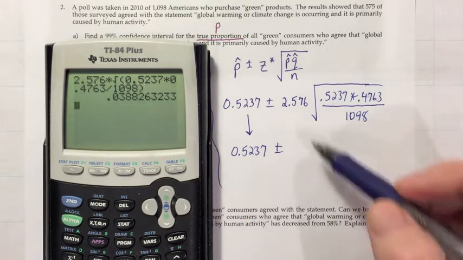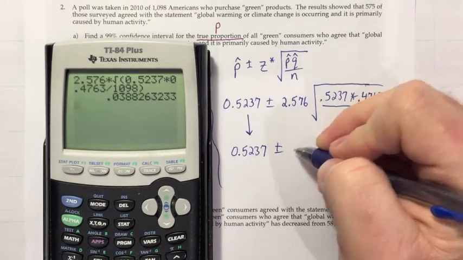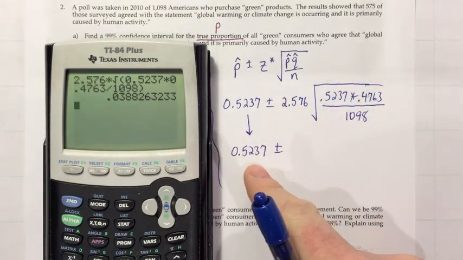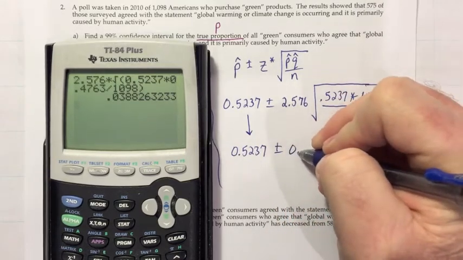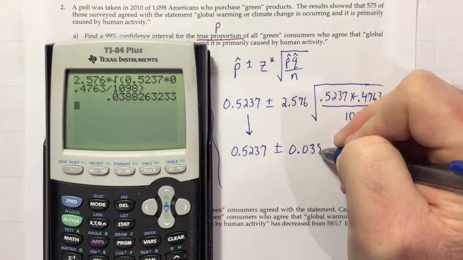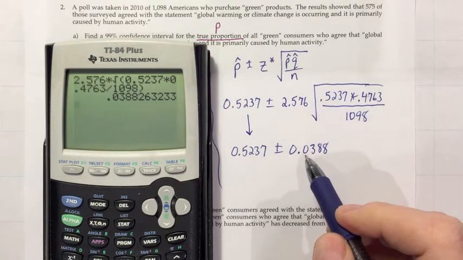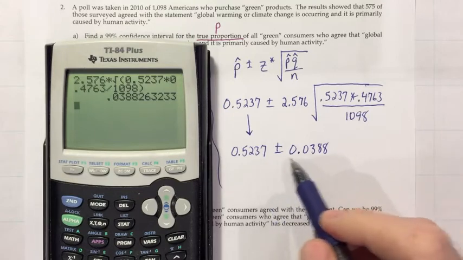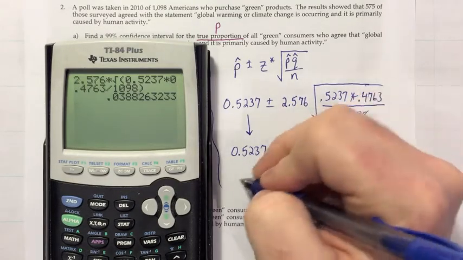And that is not our answer to the whole thing, but just the margin of error piece. We're supposed to match decimals with this and our point estimate, in this case p hat. So there's 1, 2, 3, 4 decimals there. So we do 1, 2, 3, 4 decimals on our margin of error as well. We are counting the 0 here because we're counting decimal places, which is what you do when you're doing addition subtraction.